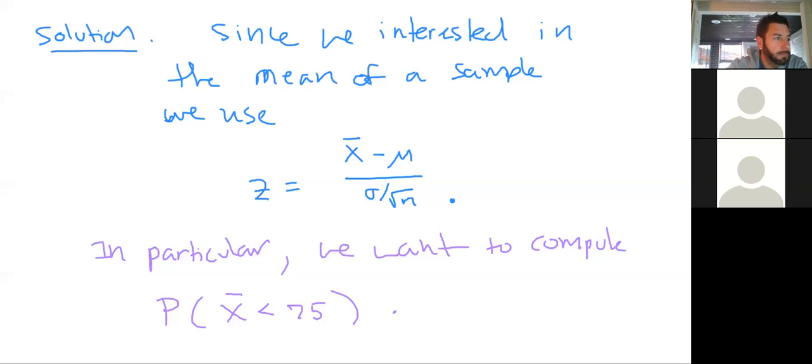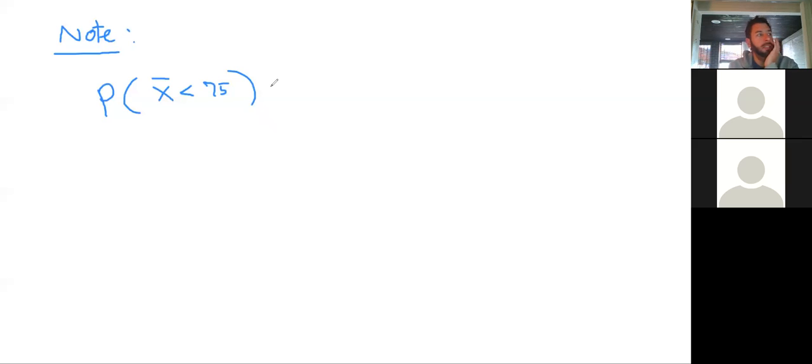Okay, so let's do that. So what are we after? We're after the probability that X bar is less than 75. Now we have to convert that to z's.